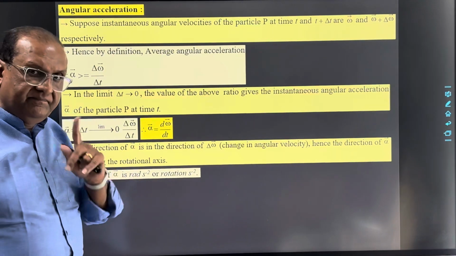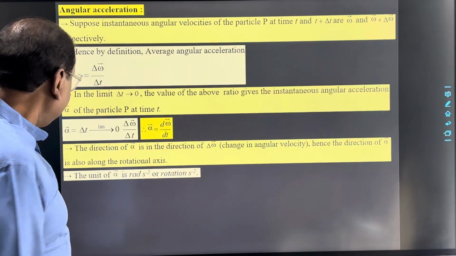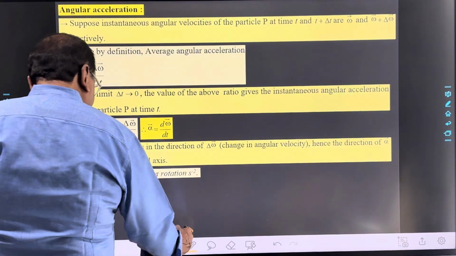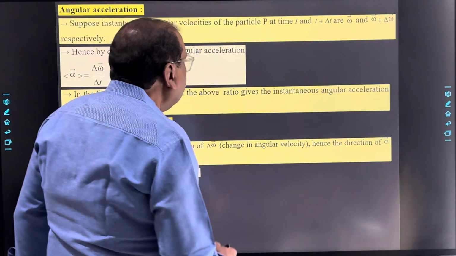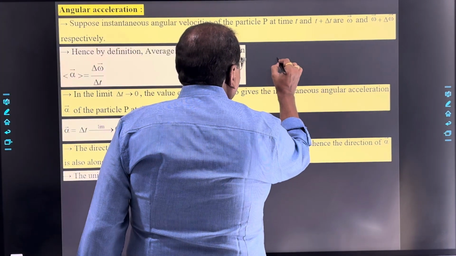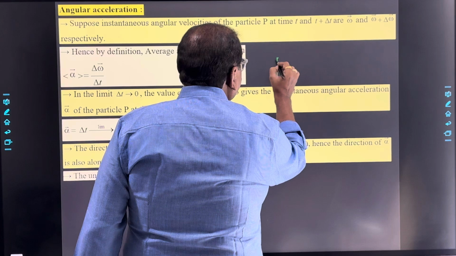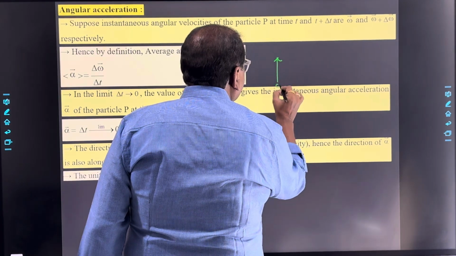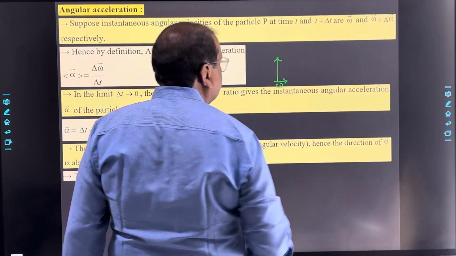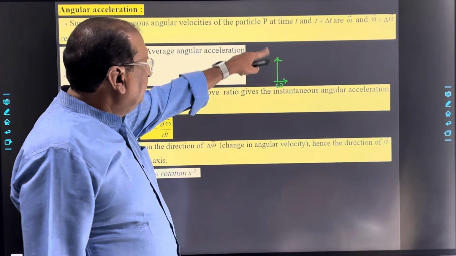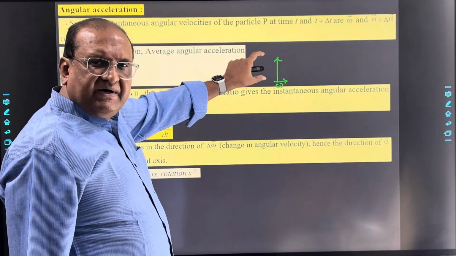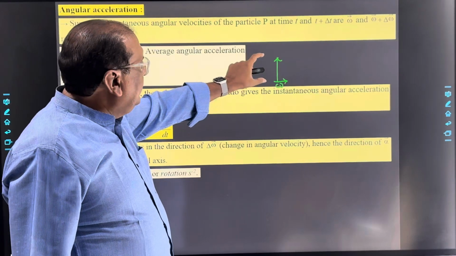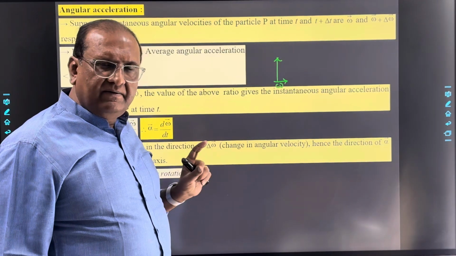Now suppose at time t, this one is omega, the direction, and as per its magnitude, we take the length of the vector.